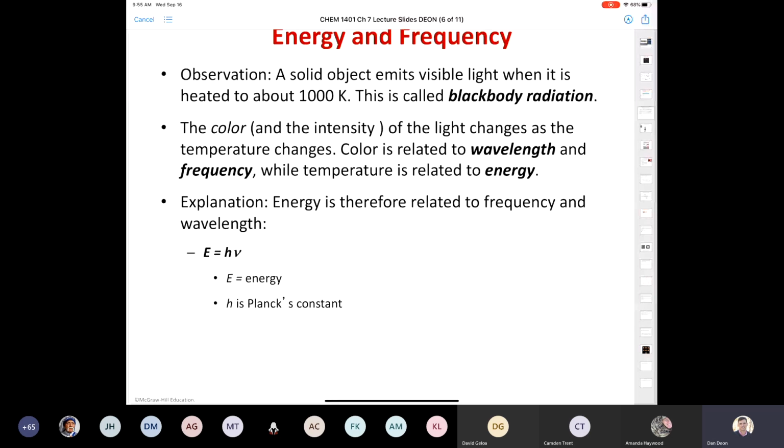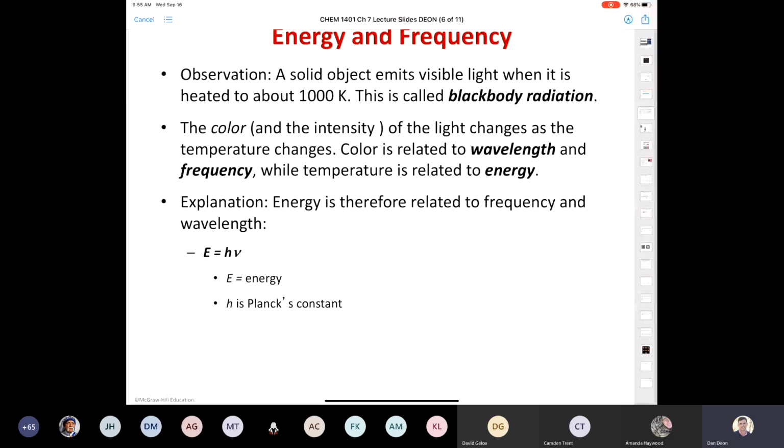So we've got two different things. We're trying to connect energy and we're trying to connect wavelength and frequency. And so the explanation is that energy has got to be related to frequency and wavelength.